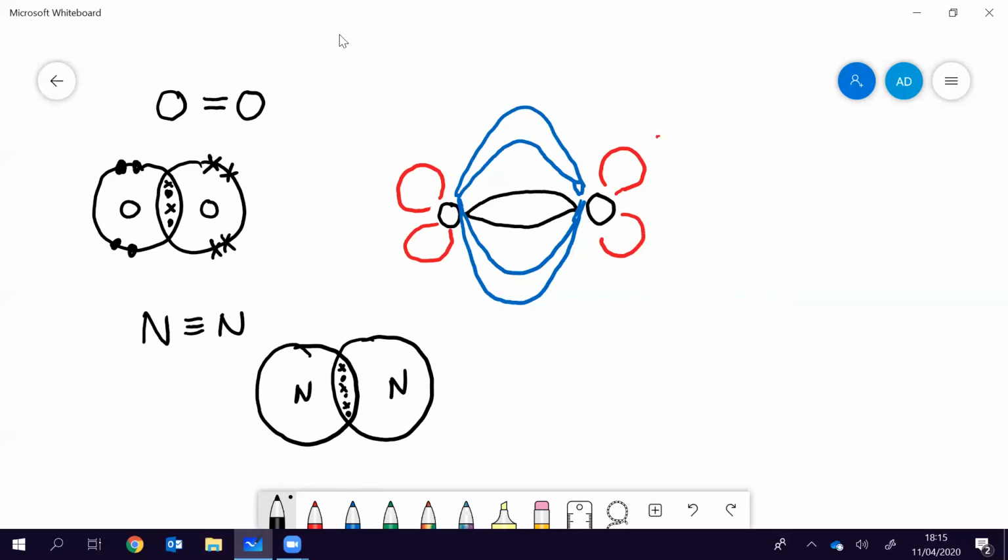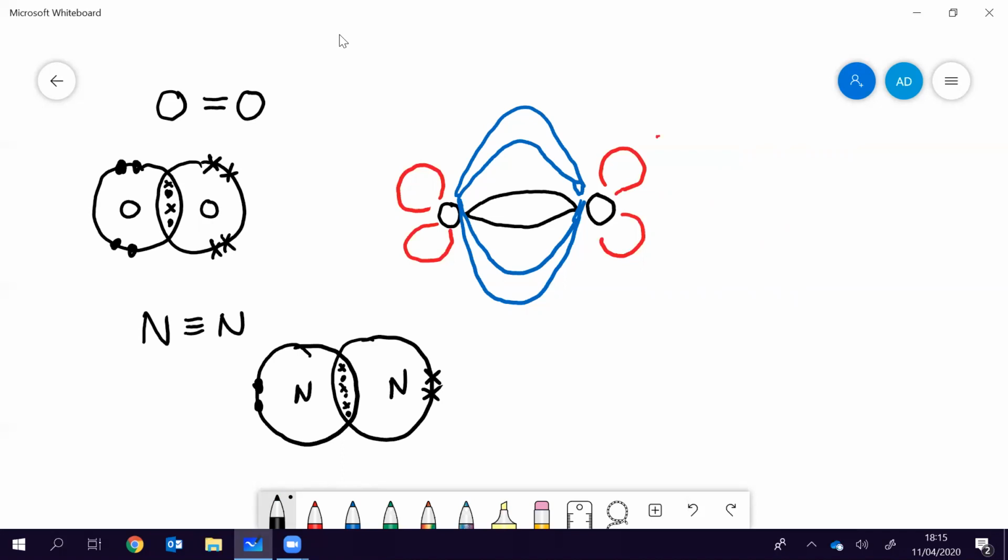I've only drawn 3 for each one, so we want 1 lone pair there, and we want 1 lone pair there. I'm not going to try and draw it because it's too hard, but if you look at the oxygen, you'd have 1 pi bond here, above and below, and you'd have another pi bond coming out towards you, like that. So you'd have 2 pi bonds, and then you wouldn't have 2 lone pairs, of course, you just have 1 lone pair on each nitrogen.